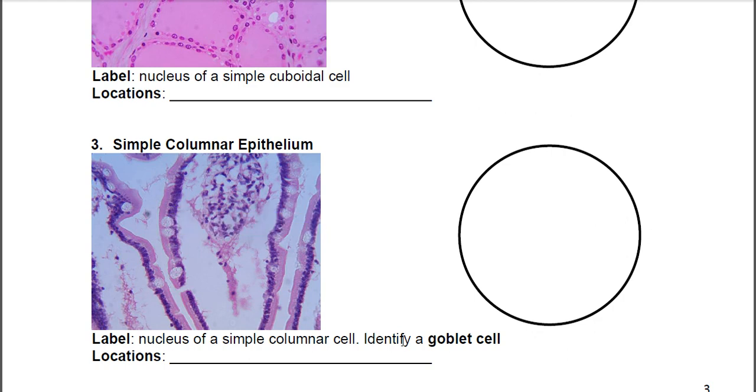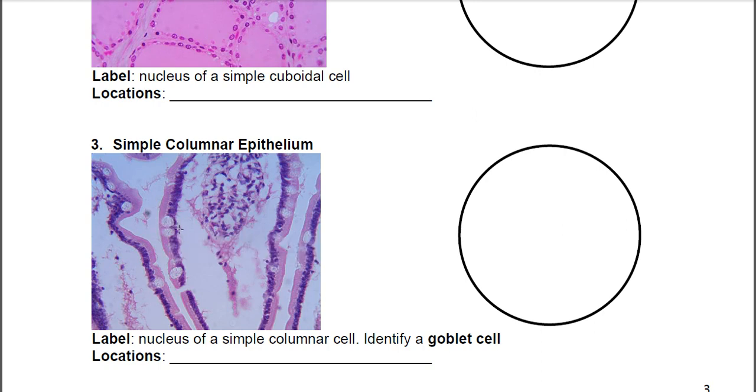It wants you to identify a goblet cell. A goblet cell is named a goblet cell because it looks like a wine glass or a goblet. And so that is these large areas here. This is the cup part of the wine glass.